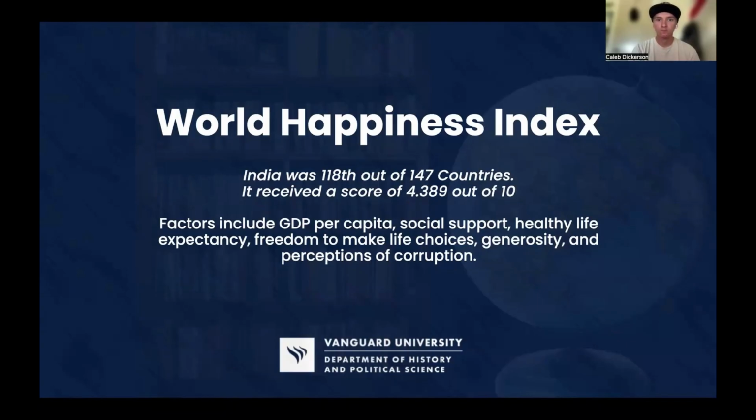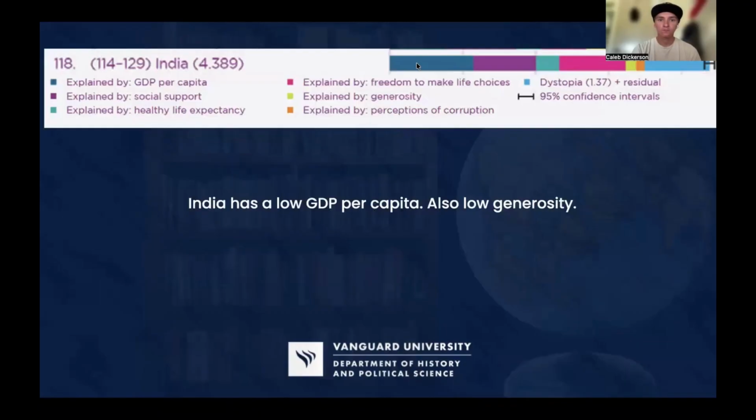When we're thinking about the factors that go into this index, they include GDP per capita, social support, healthy life expectancy, freedom to make life choices, generosity, and perceptions of corruption. So we're going to talk a little bit about the lower factors.